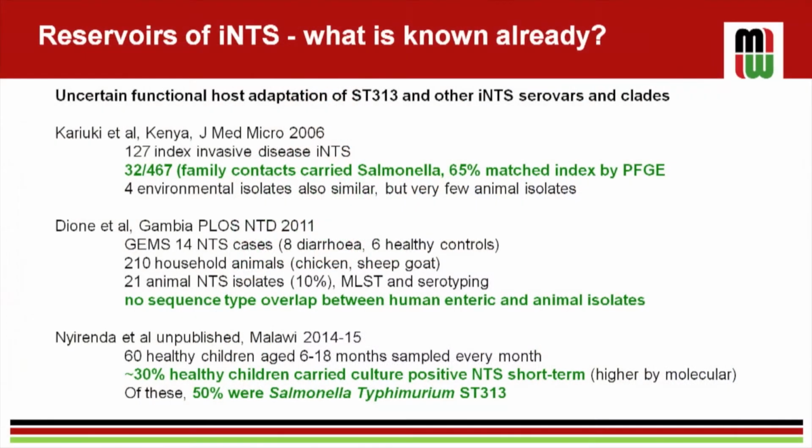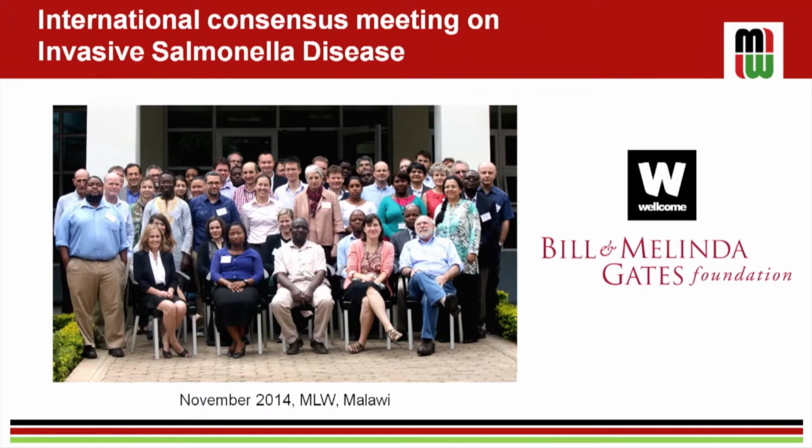We know in Malawi, very much in keeping with the GEMS data that was just presented, that if you take healthy children and sample them regularly, they will carry salmonella for short periods of time. Tony Nyirenda has found that 30% or more will have stool culturable salmonella, and more if you look by molecular methods. And we know that about half of these are Salmonella Typhimurium ST313.